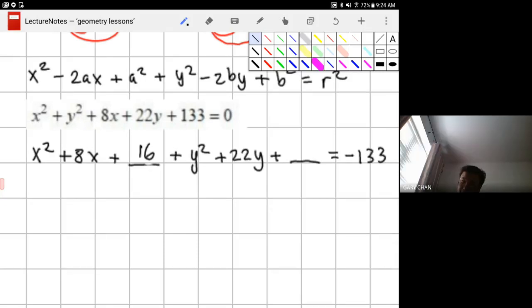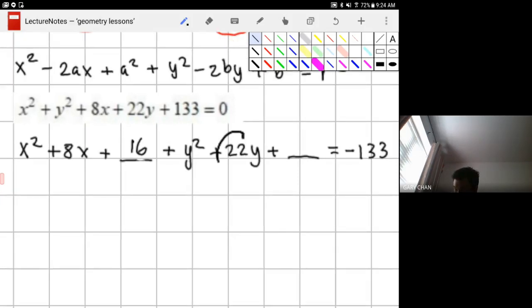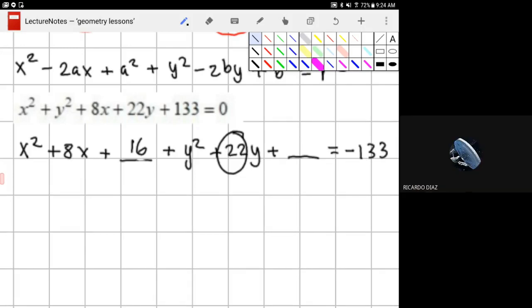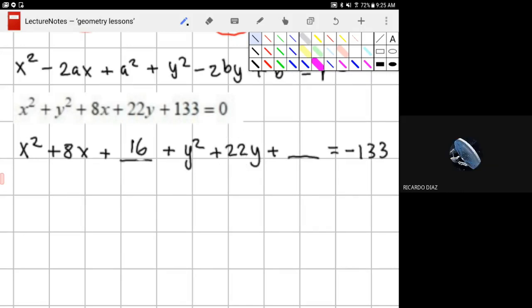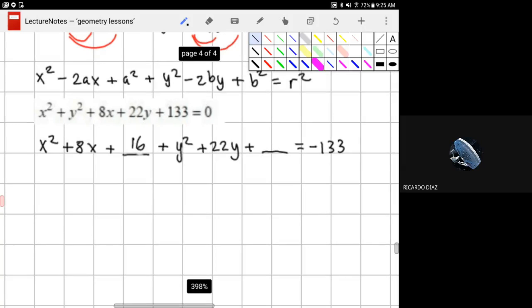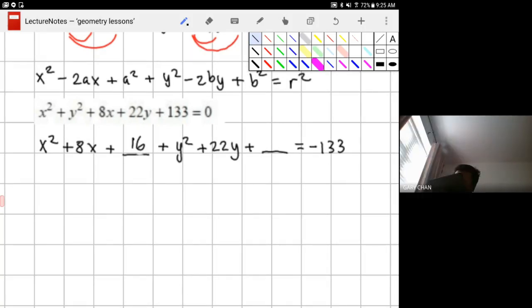Okay, when you complete the square, you always take the middle coefficient, and that's 22, right? Ricardo, what's half of 22? 11. And then square it. 11 squared is 121.